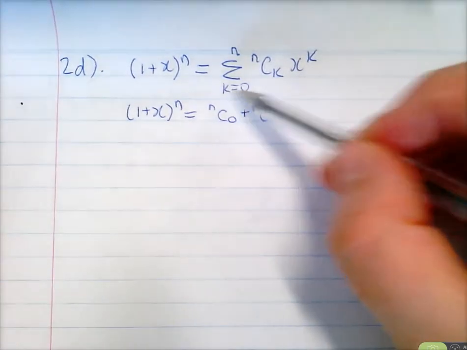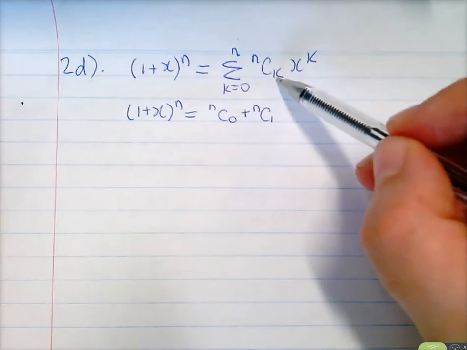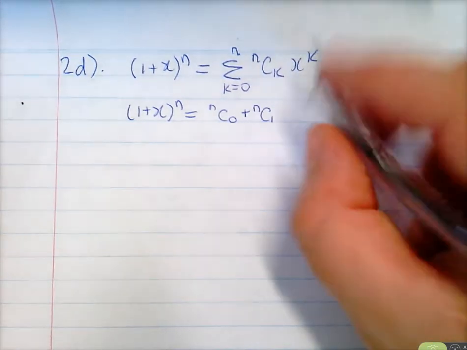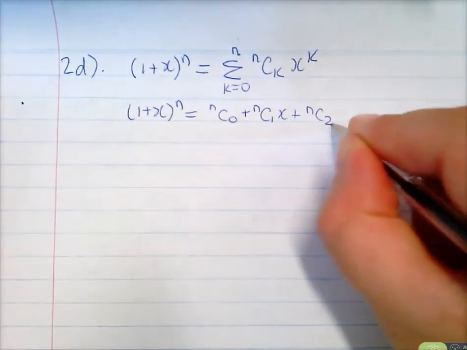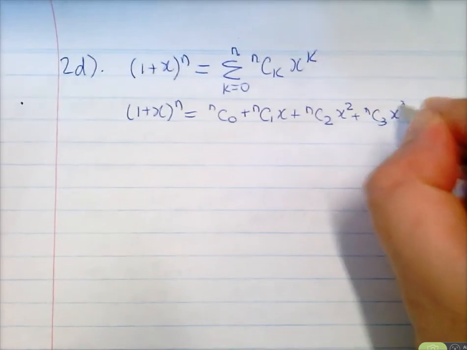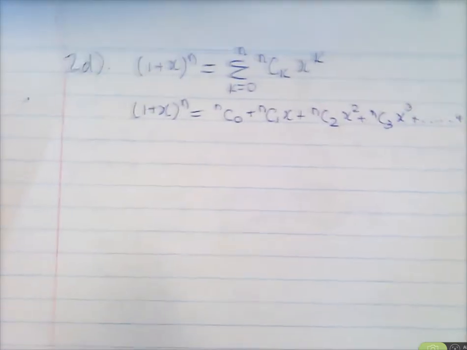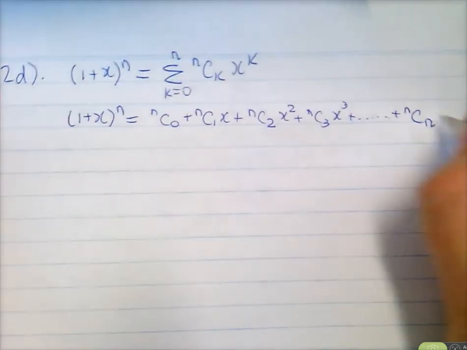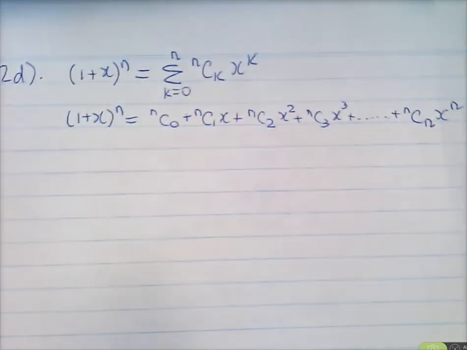So when k is 0, this is the sum of all terms from k is 0 to n. When k is 0, we get nC0, x to the 0 is 1. When k is 1, we get nC1, x to the 1. When k is 2, we get nC2, x squared, plus nC3, x cubed, plus all the way up to nCn, x to the n, because it's saying from k is 0 to k is n.